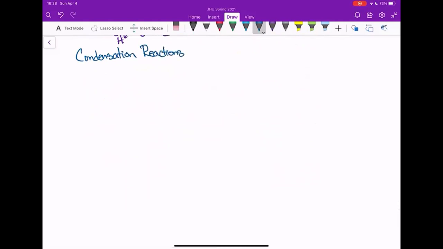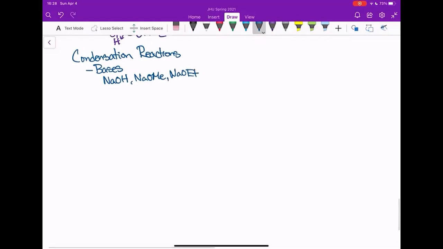So again, we'll start off just by reviewing the types of bases that you have. So generally you can use your NaOH or NaOEt, things like this. And just some characteristics that you should keep in mind are that these bases are going to be a little bit weaker.